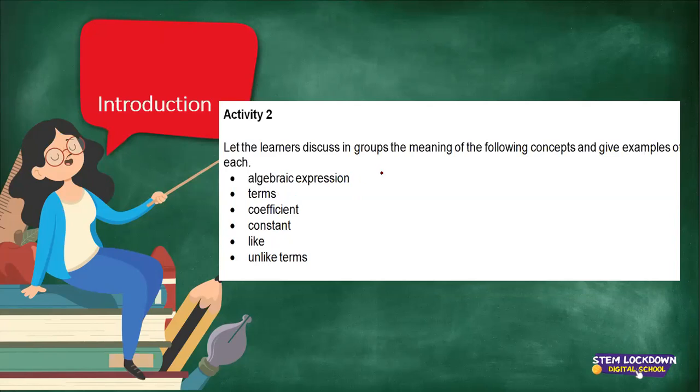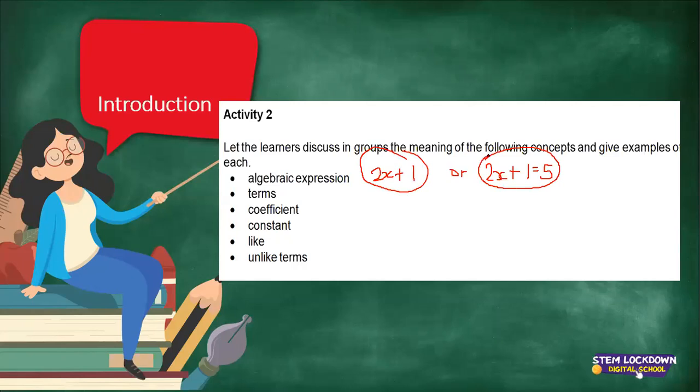If I say I have 2x plus 1, or 2x plus 1 equals 5. Learners, which of these is an expression, right? Please write in your chat, which of these is an expression? Is it the first one or the second one? Let me see if you still remember expressions.